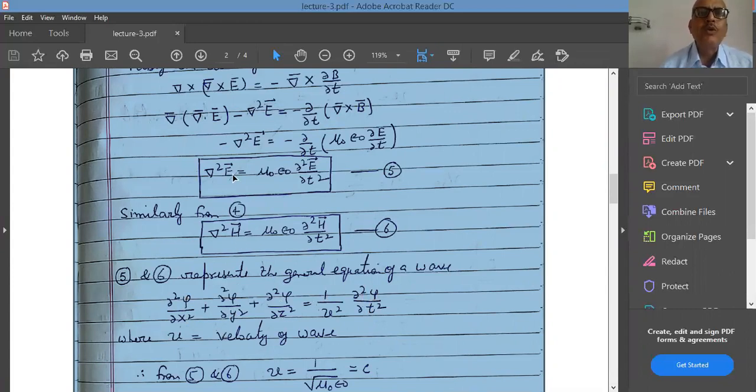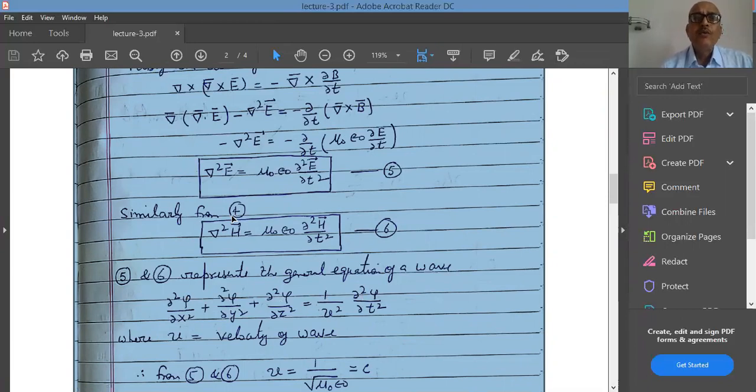So just by looking at equations number 5 and 6, these are the equations of a progressive wave for the electric field vector and the magnetic field vector, E and H. So from equations number 5 and 6, we can conclude that both the electric field vector and the magnetic field vector propagate in free space like a wave.